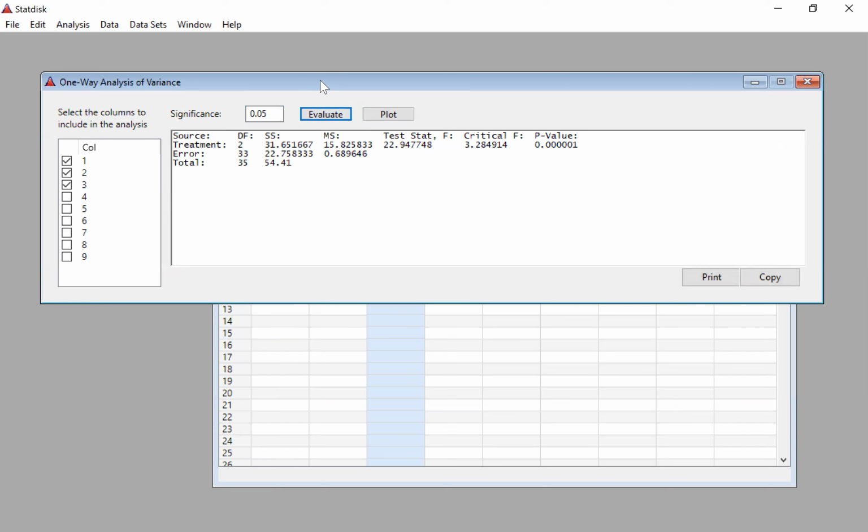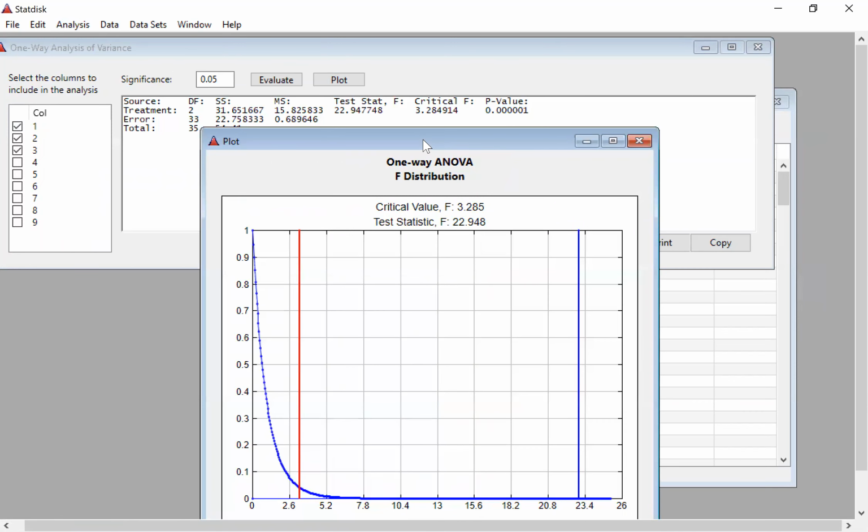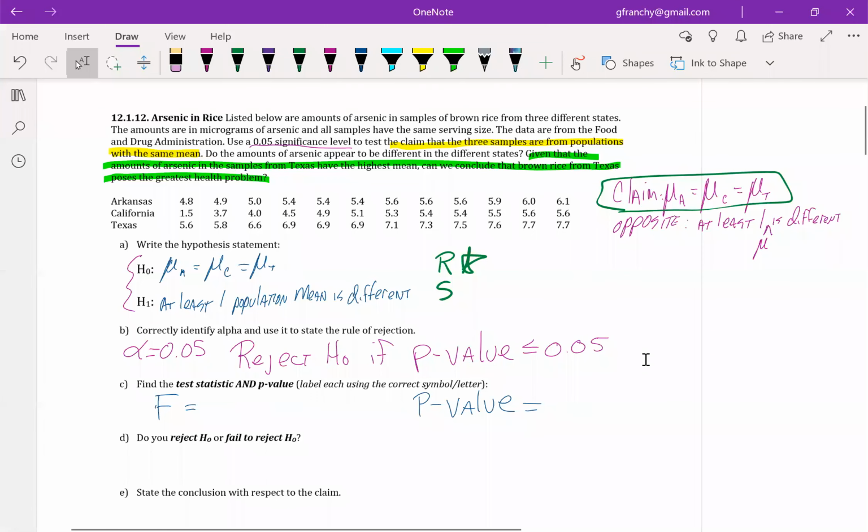We can hit Evaluate, and we can hit Plot. And we see that our blue vertical line representing the test statistic is well off in that right tail. So I'm going to copy our dialog box over.